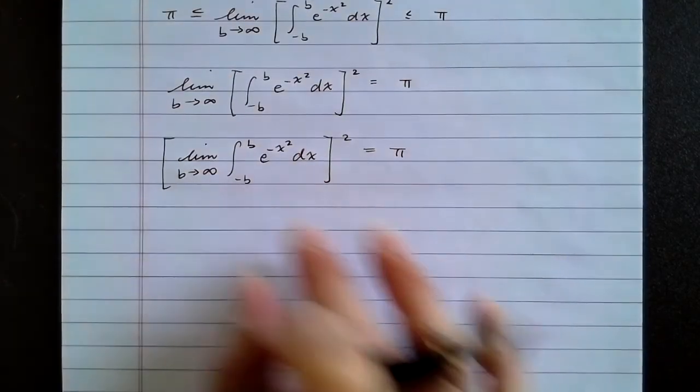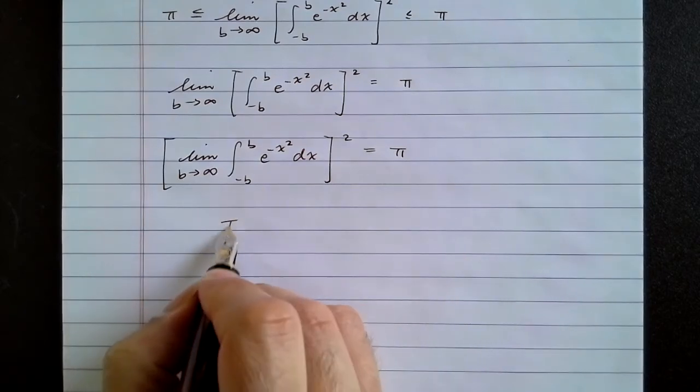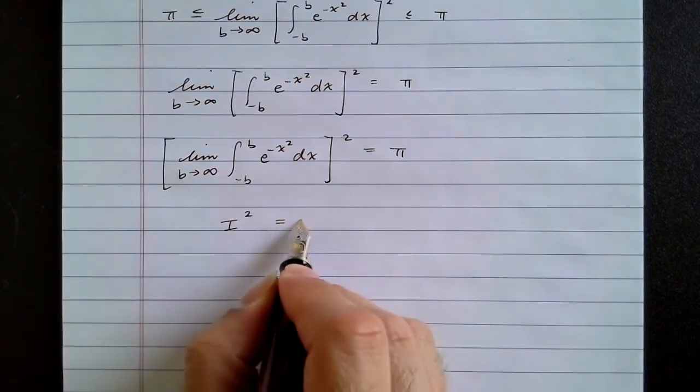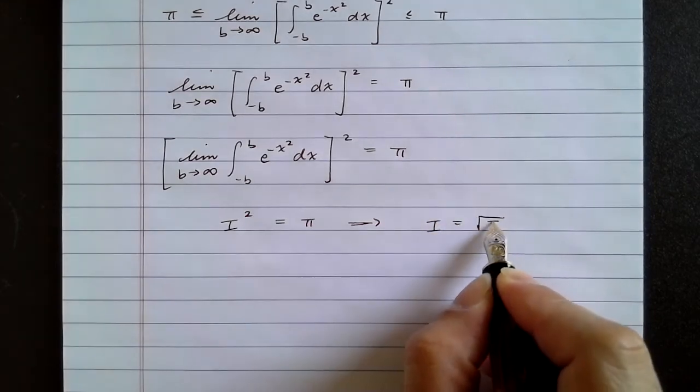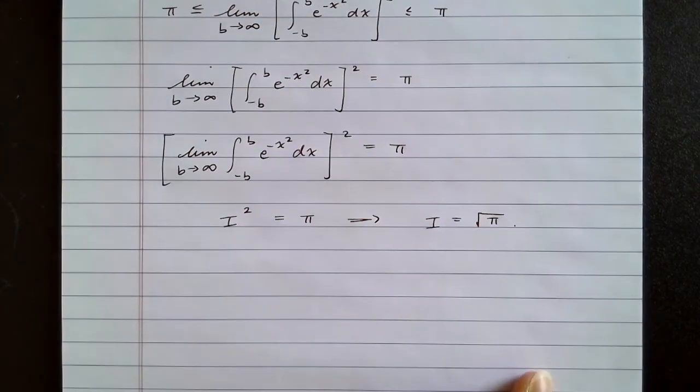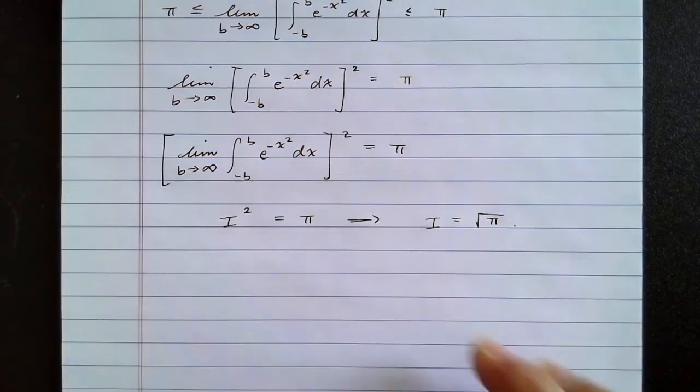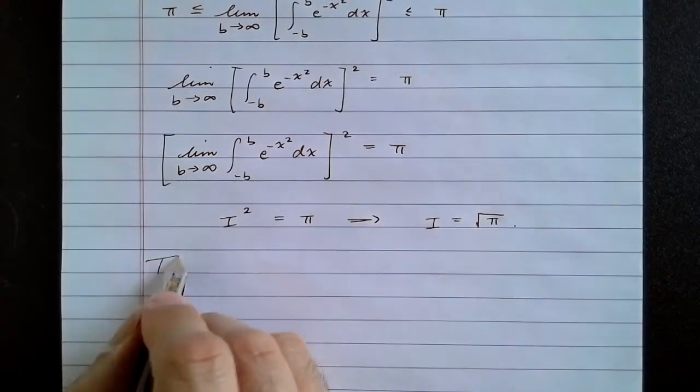And now as b goes to infinity, this is our quantity I. Right, it's the integral from negative infinity to infinity, so therefore we have our result.